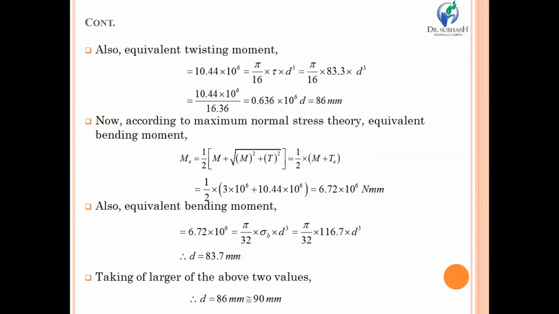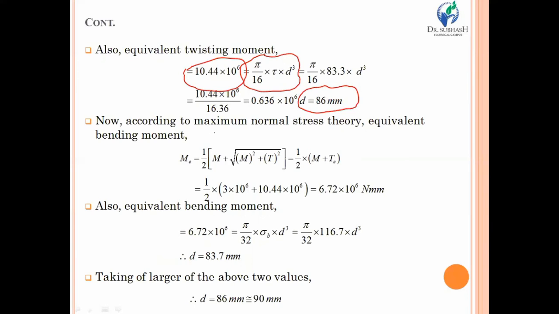Once you have calculated the twisting moment, there is also one relation for twisting moment, and that is Te equal to pi by 16 tau into d cube. On the left hand side, put the value of twisting moment that we calculated, and by equating both relations, you will have the diameter of the shaft equal to 86 mm.